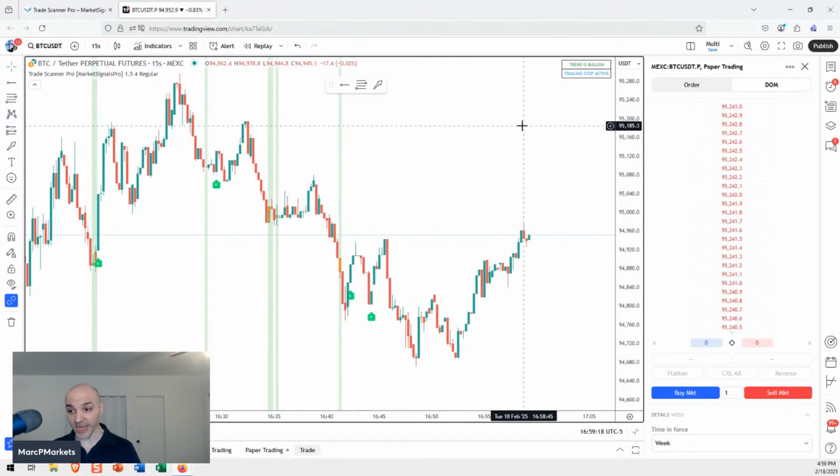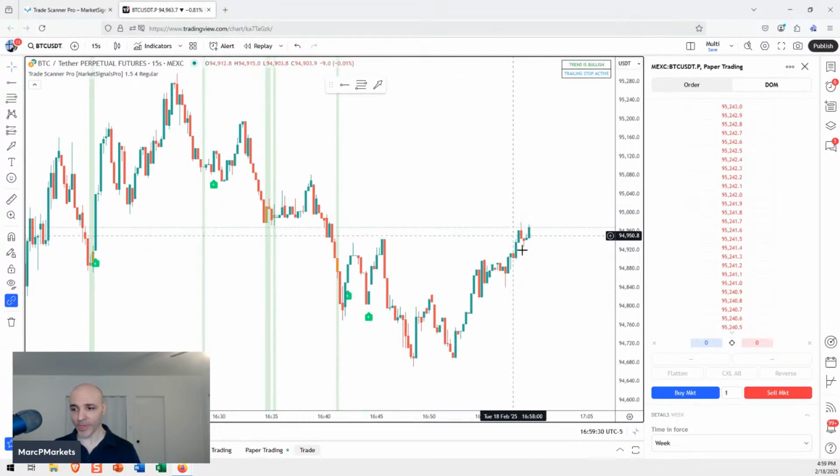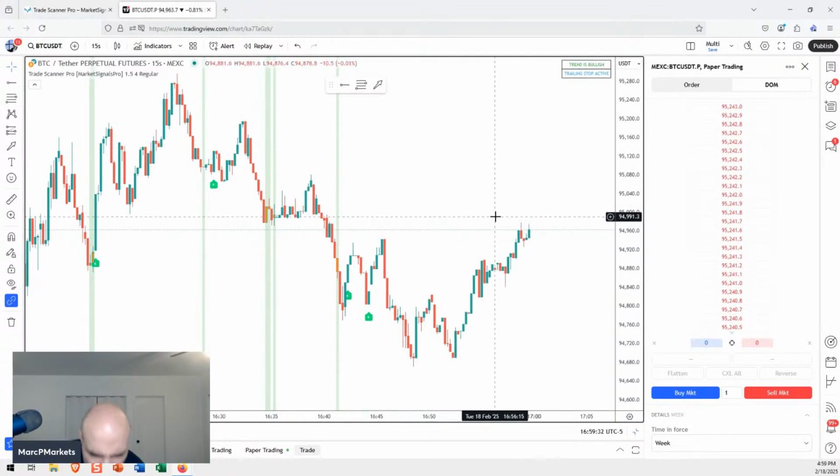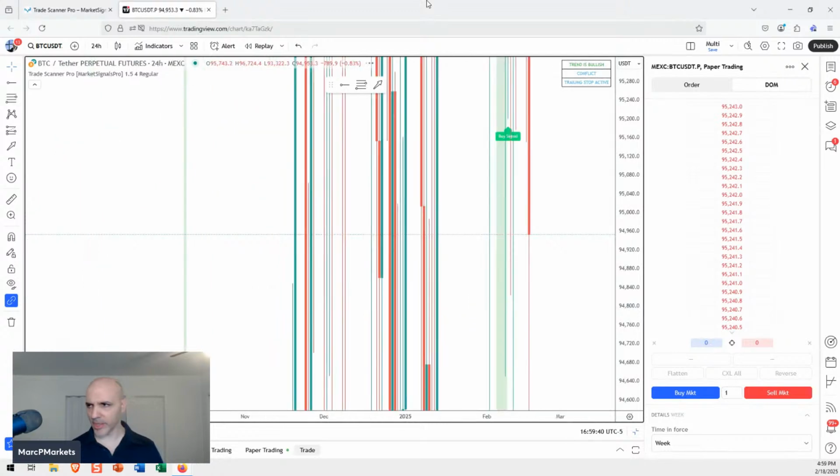The 15 minute is starting to turn, but there'd be nothing to do here on this time frame because I want this thing to turn bearish. Right? After a move like that, off that resistance, I want to see this thing turn bearish. What does the trade scanner say about the daily chart? Well, we can go take a look. I think it's bullish.